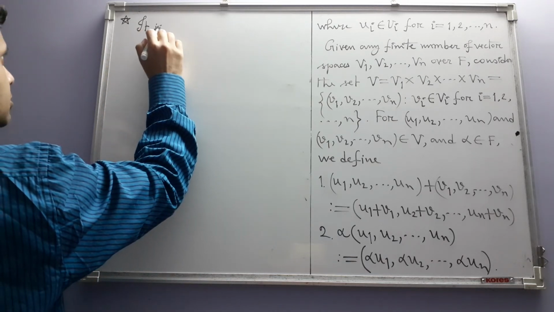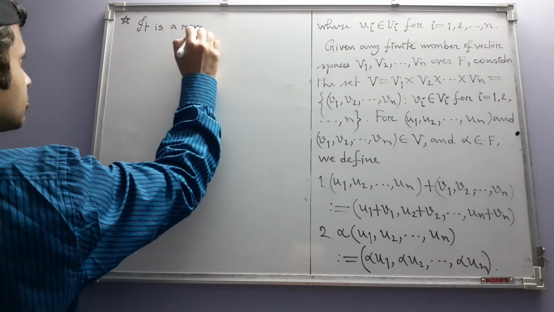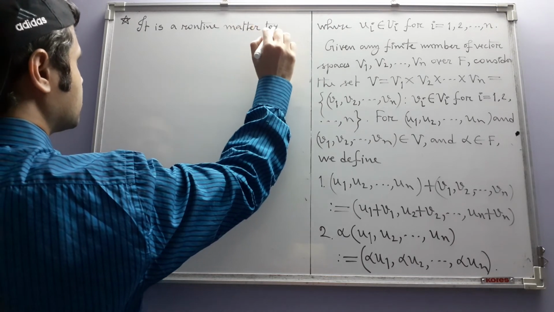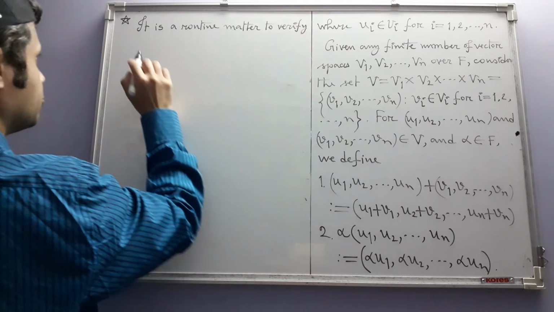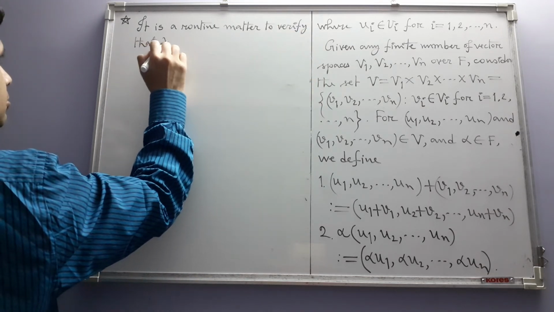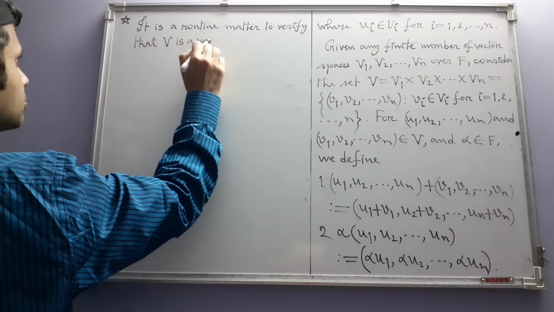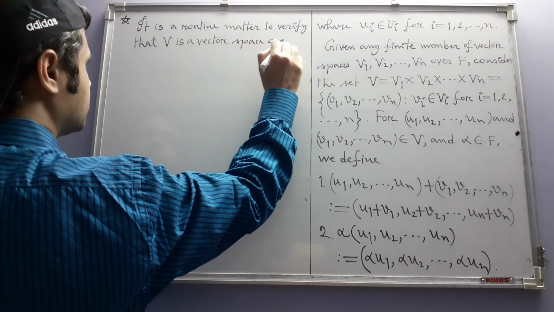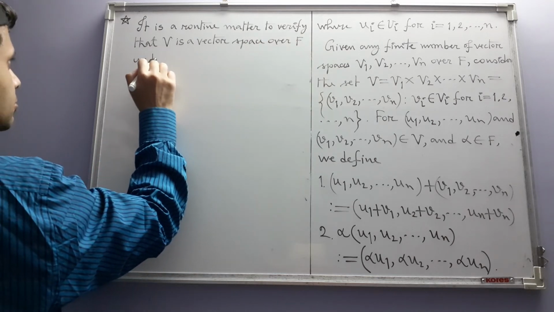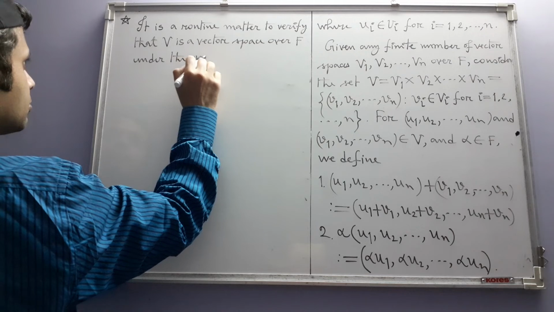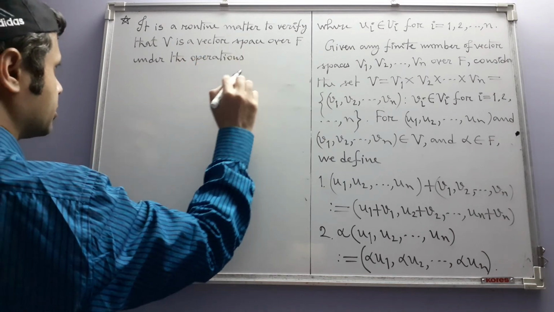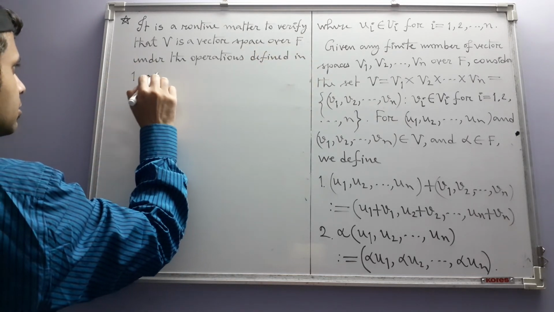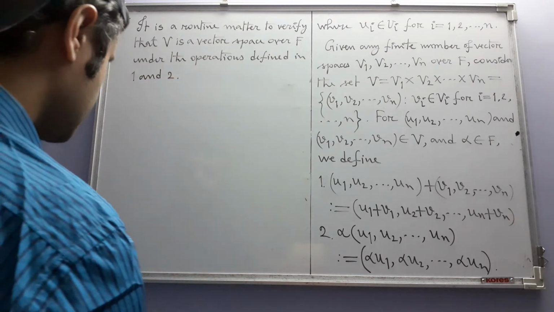Then we mention it is a routine matter to verify that V is a vector space over F under the operations defined in 1 and 2, and this vector space has a name.